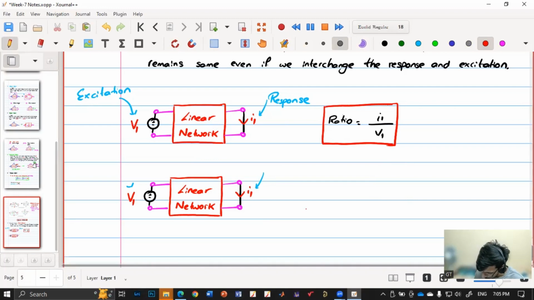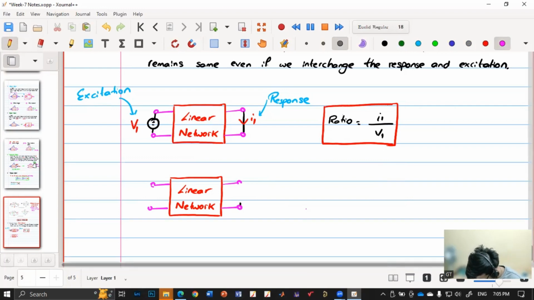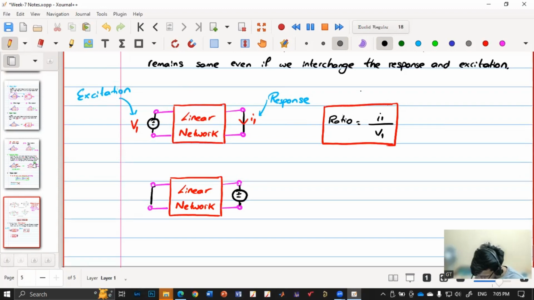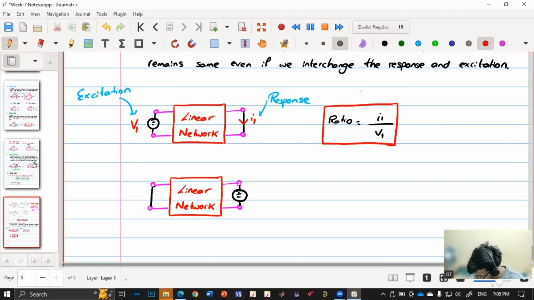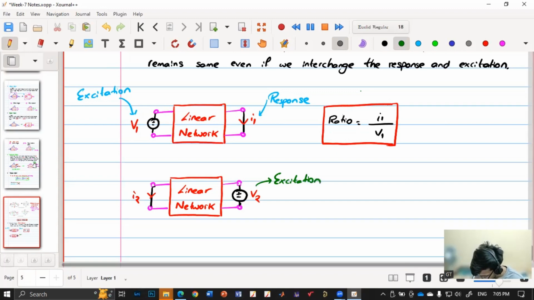Now we have this two-port network. I'll excite it with a voltage here, and here I'll short it. Say the voltage is V2 here, and the current is I2 here. So now this becomes the excitation, and this becomes the response.